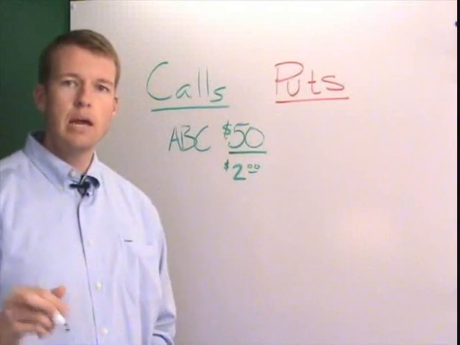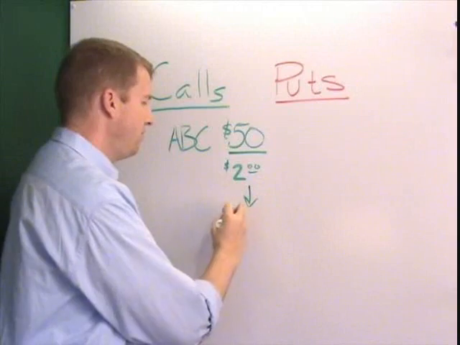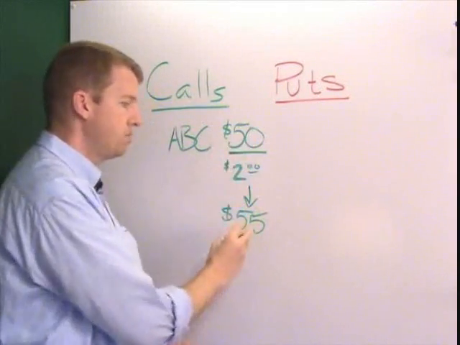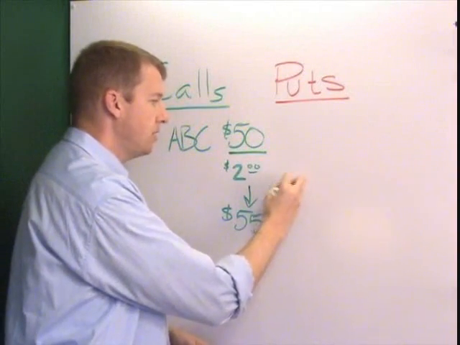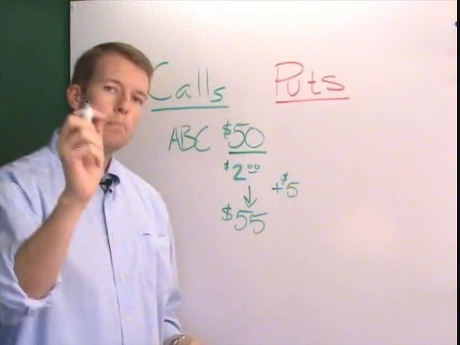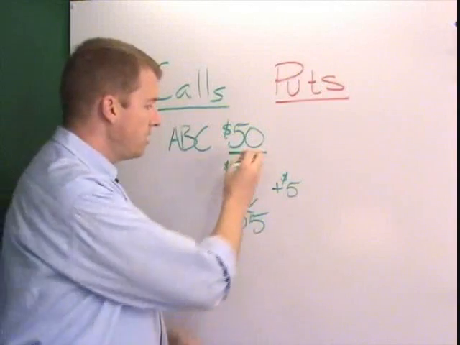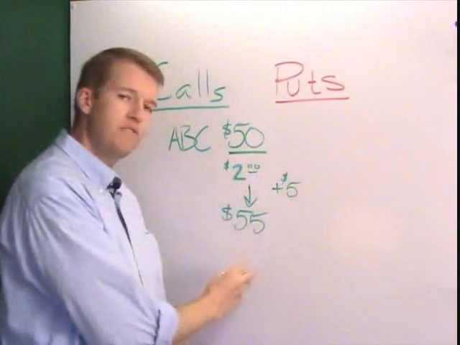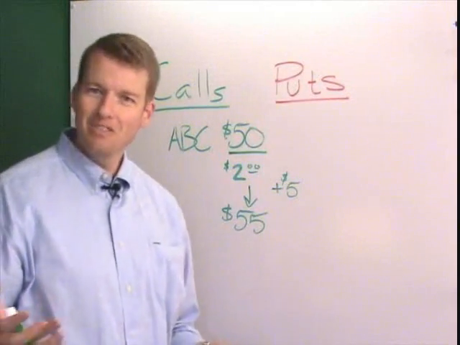But let's look at an example. Let's say that this stock subsequently goes up to $55. Well, that's a $5 profit if you just purchased the stock, so that's pretty good. You've made $5, 10%, not too bad at all. But if you had bought that call, which gave you the right to buy the stock for $50, and it's now worth $55, what has happened to the value of this call?